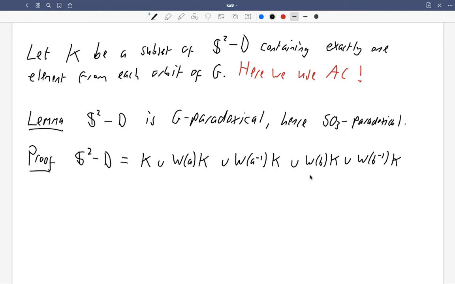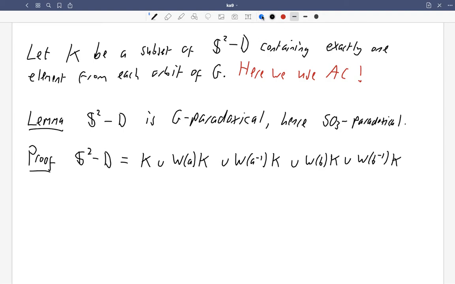But importantly, this union is disjoint because we excluded the fixed points. If we had fixed points in, then fixed points would occur in all the sets.